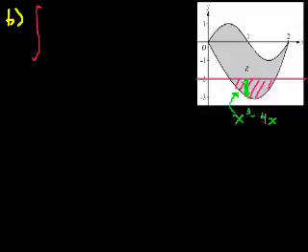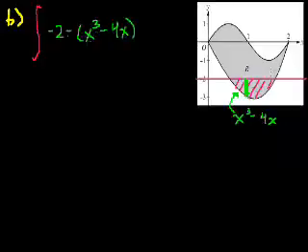So the height of each of these little rectangles is going to be -2 minus x to the third minus 4x. That's the height of each of these rectangles. And then the width of each of those rectangles, we know from just learning calculus or learning integrals, the width is dx. We're going to multiply that times dx.